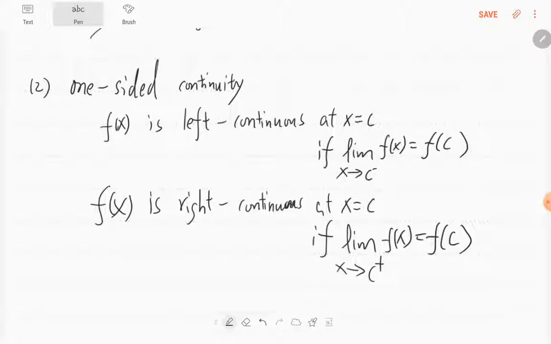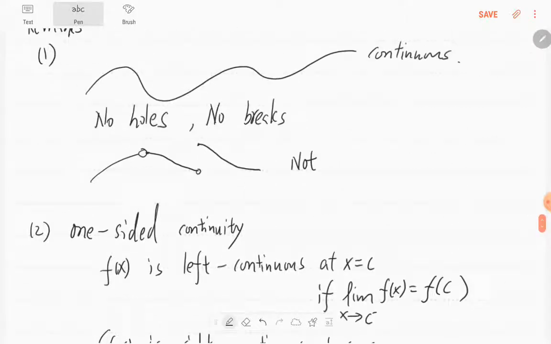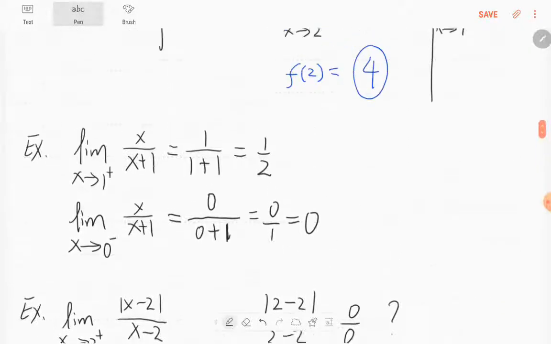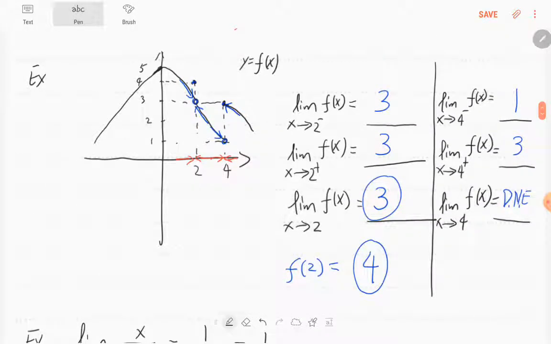So let's look back at the previous example. Let's look at the right side limit. Let's look at f of 4 here. What is f of 4? f of 4 is equal to this solid point, it's equal to 3. So you can see the limit as x approaches 4 plus of f of x is equal to 3.